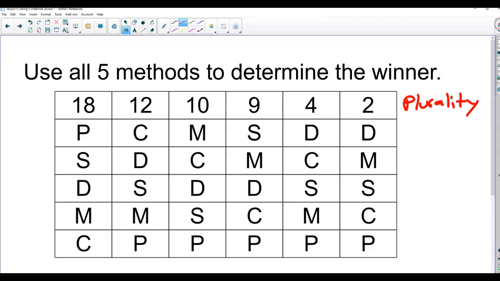We're just counting the first place votes, that's it. In this case, P has 18 of them. So P has 18 first place votes, that is our plurality winner. Okay? And you need to write it, P with its score.